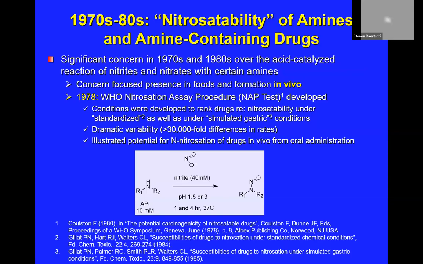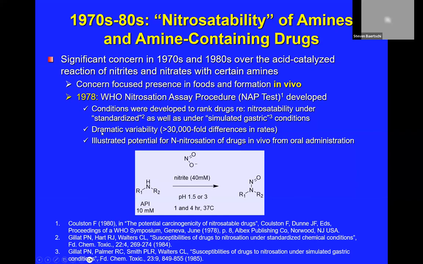There was a WHO nitrosation assay procedure developed called the NAP test, designed to evaluate the potential for a compound to get nitrosated in vivo, as well as just in general. They had both standardized as well as simulated gastric conditions. And there are a few publications you can see down here on that.